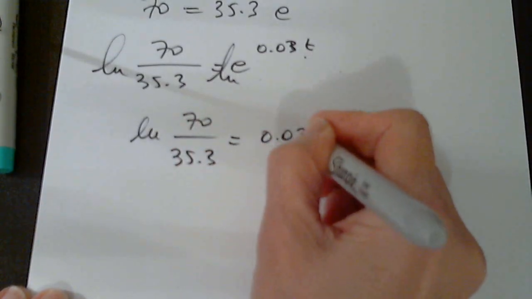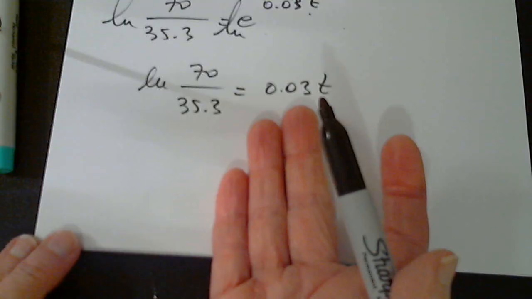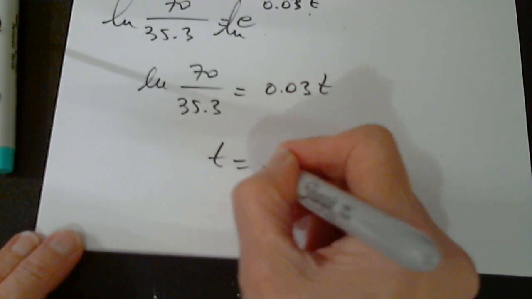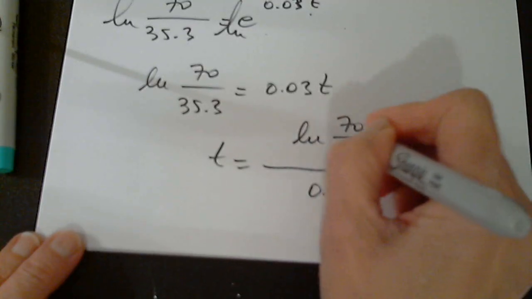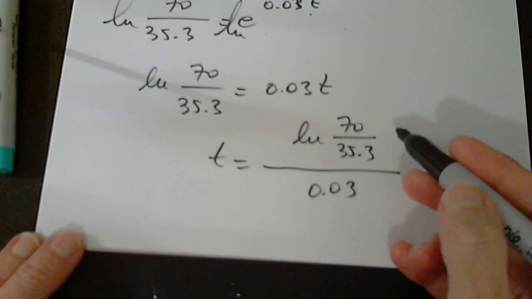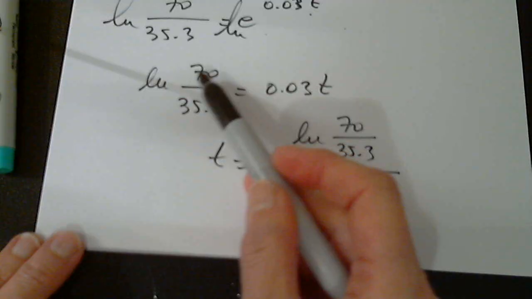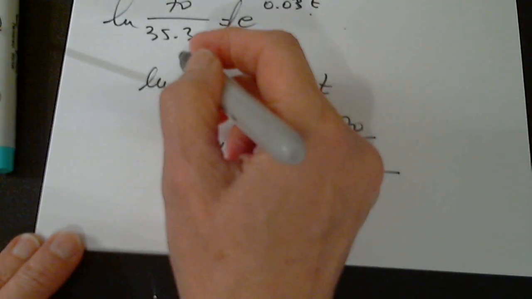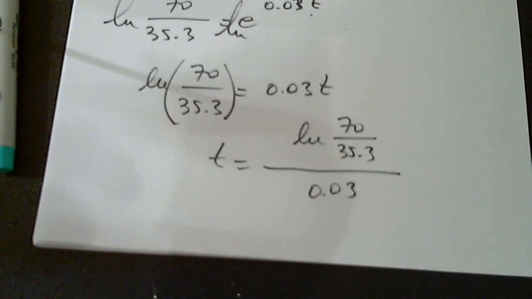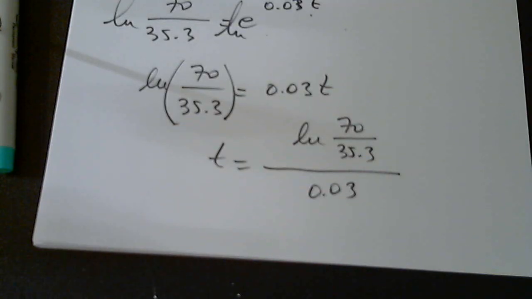And this is 0.03t. And of course, I divide by 0.03. And it's done. This at the top: don't get confused. This is not natural log of 70 over something else. No, this is like this, because we applied natural log to both sides as we see them.